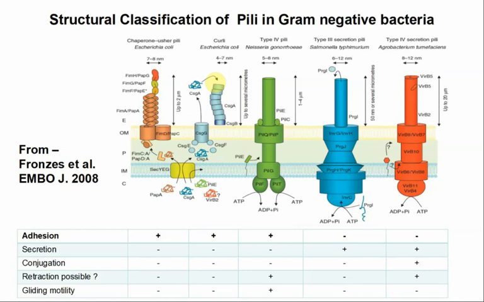Okay, type 3 pili. What happens here is that you've got a big structure of multiple proteins that spans the plasma membrane, peptidoglycan layer, and the outer membrane. And then you have a hollow tube which forms the filament.